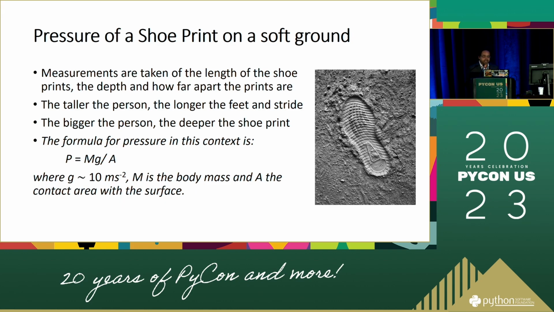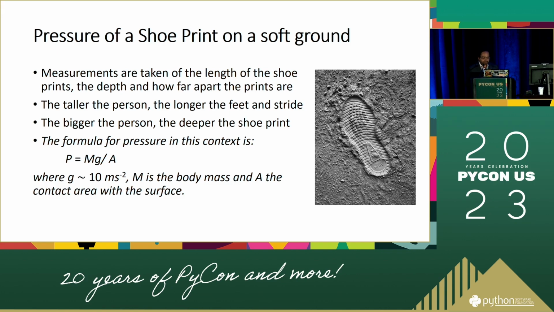The taller the person, the longer the feet and the stride. The bigger the person, the deeper the shoe print. Then to compute the pressure in this context, you can use the formula P = m × g / a, where g is equal to 10 m/s², m is the body mass and a is the contact area with the surface.